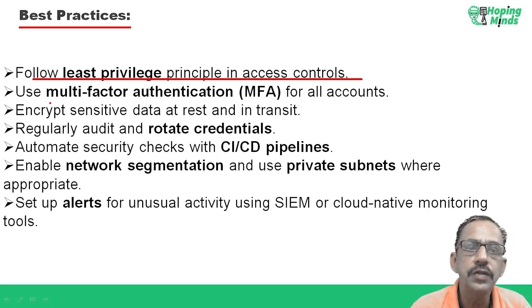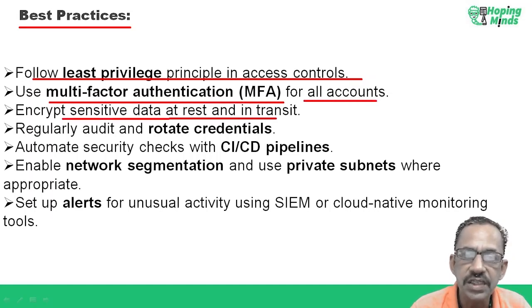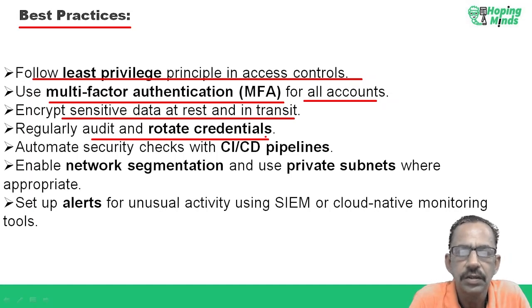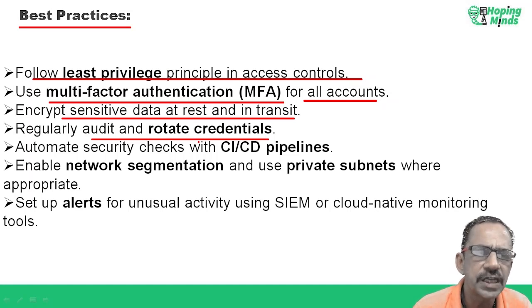For login, we use multi-factor authentication (MFA) for all accounts. Encrypt sensitive data at rest and in transit. Regularly audit and rotate the credentials. We get a message from Google also after some time, after 90 days, to change your password for security reasons. These are all the best practices.